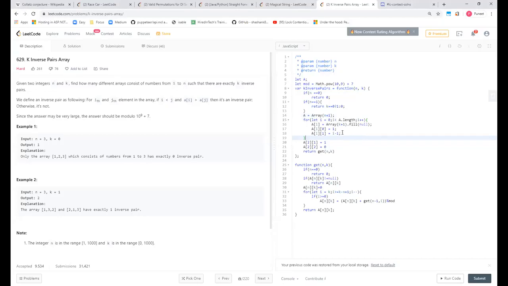So what I did was I created an n cross k matrix. For every number, if no inverse pair is required, that is just one combination. For k equal to 1, it will always be n minus 1, just swapping two adjacent numbers, and that gets you one inverse pair.